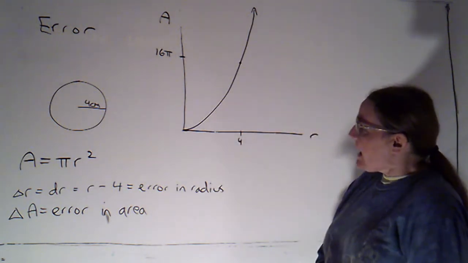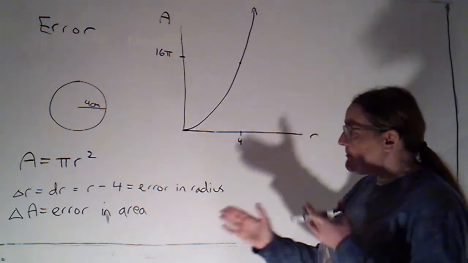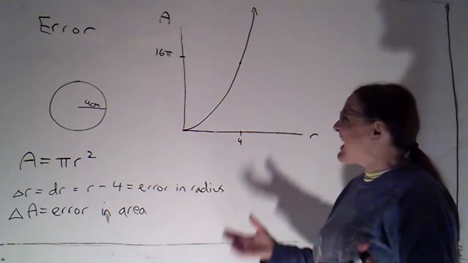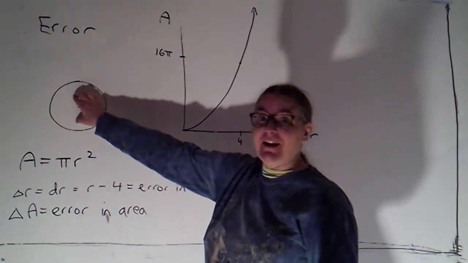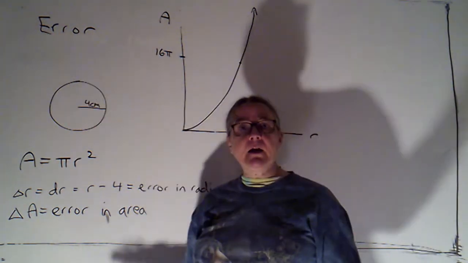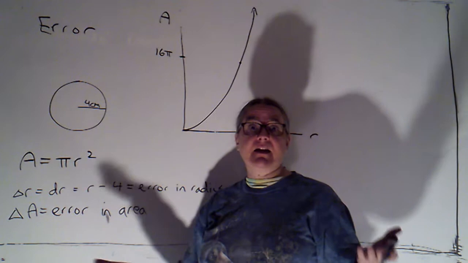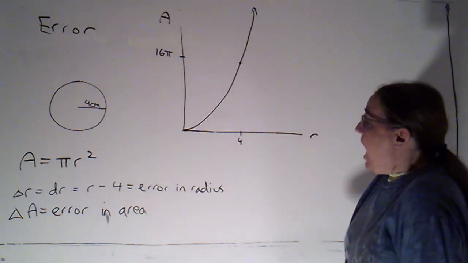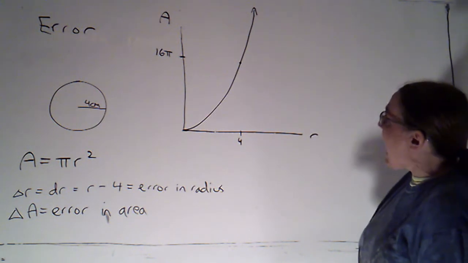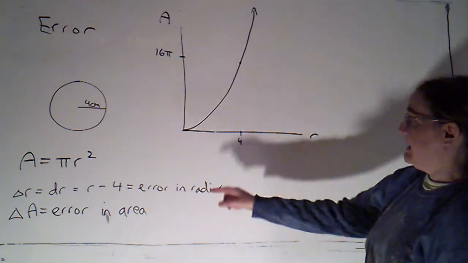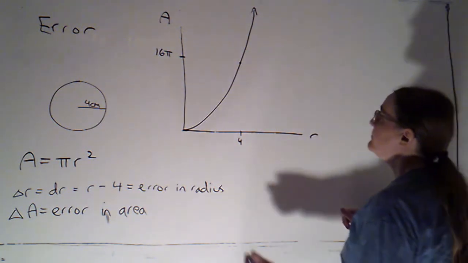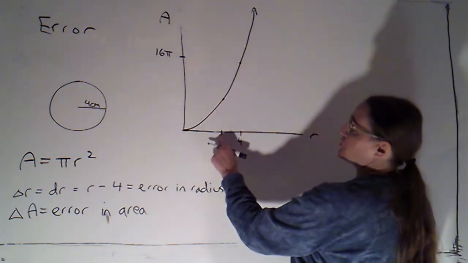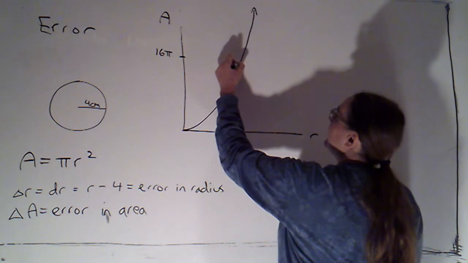But we can then say, if I measure the radius wrong, how much is that going to mean that the area is off? The area is relevant because that's going to affect how much material they need to buy.